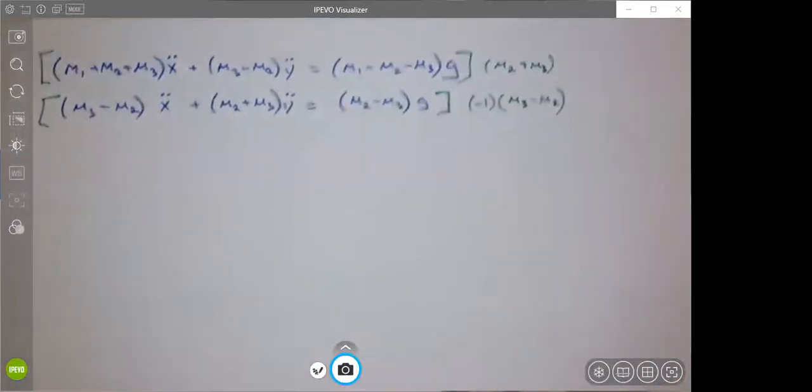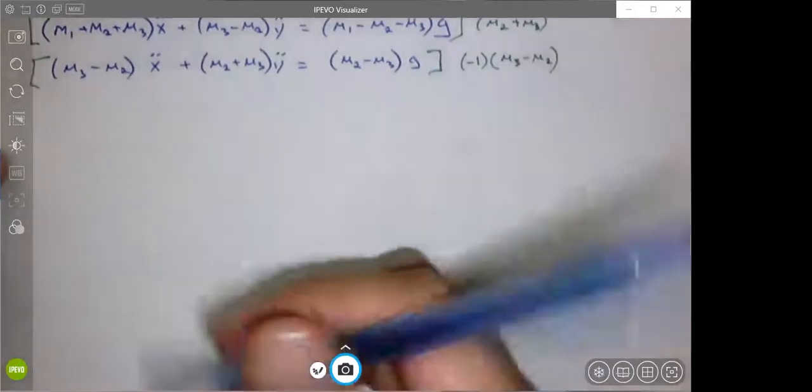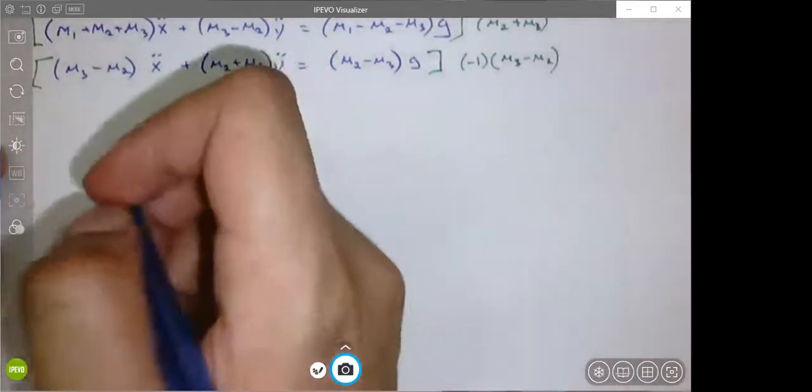That's kind of the long algebra that we need to do. Well, I guess we might as well do it.